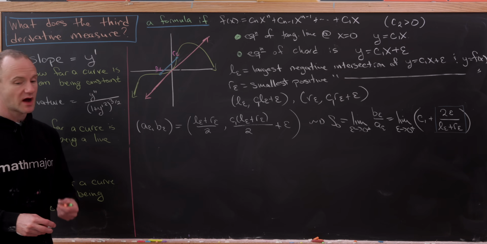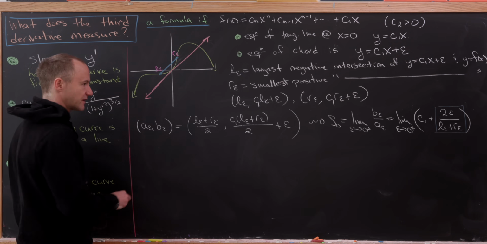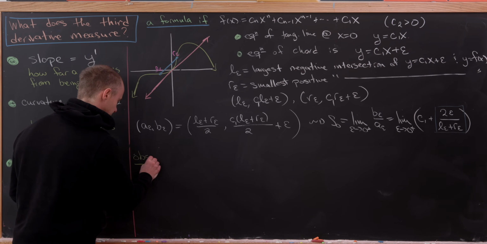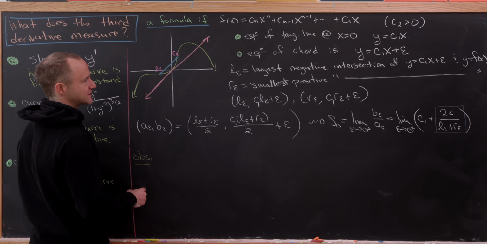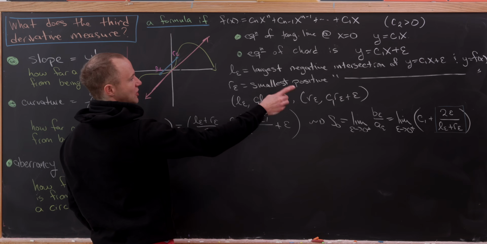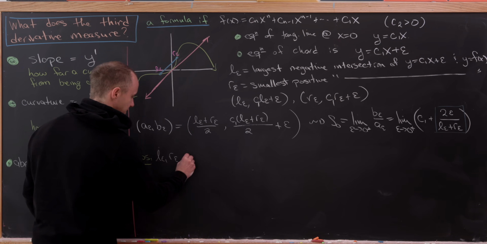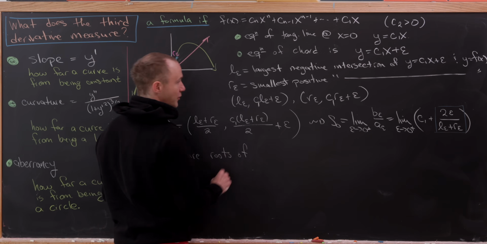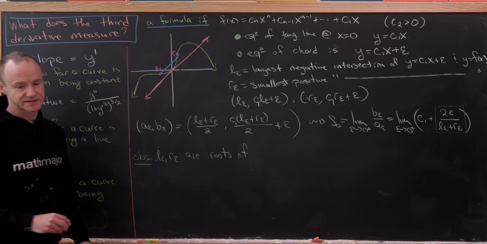We start that calculation by looking at the following observation. It comes from the fact that L epsilon and R epsilon are intersection points of the curve and the chord. But that means that L epsilon and R epsilon are roots of the polynomial, which is essentially the function minus the chord.